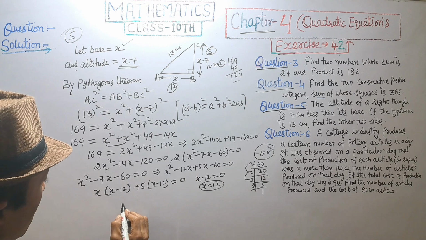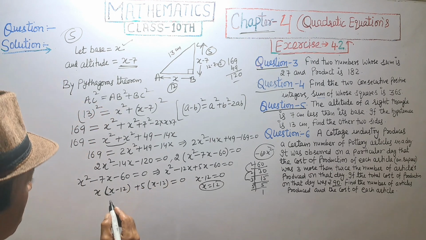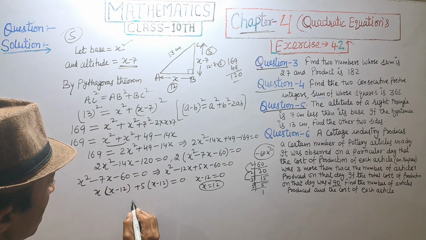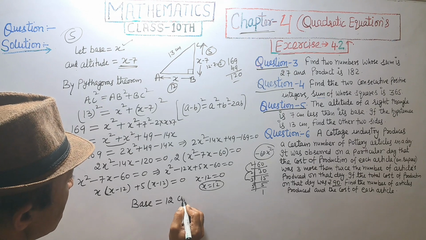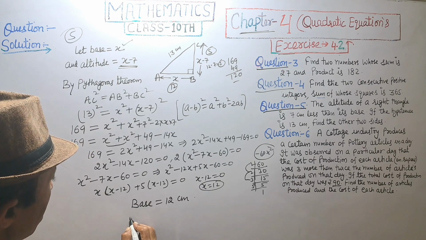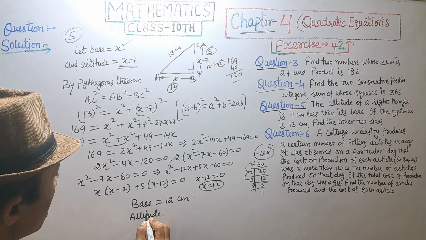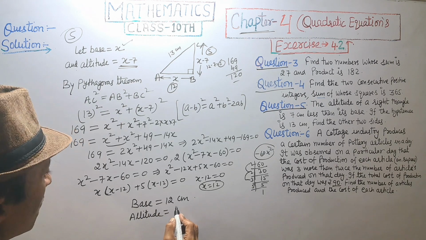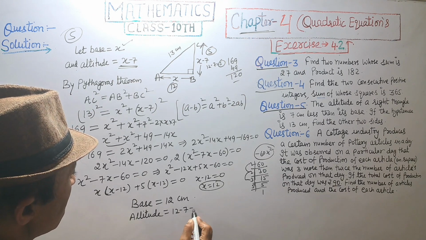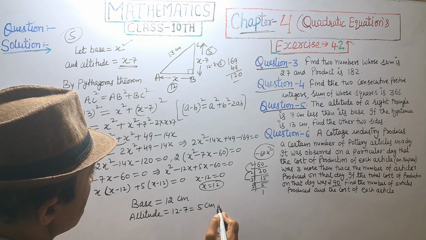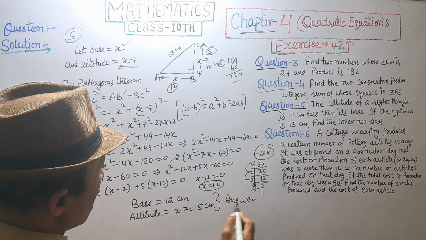To find the two sides: the base is equal to 12 centimeters and the altitude is equal to 12 minus 7, that is 5 centimeters. Answer.